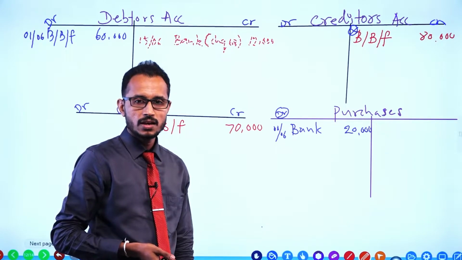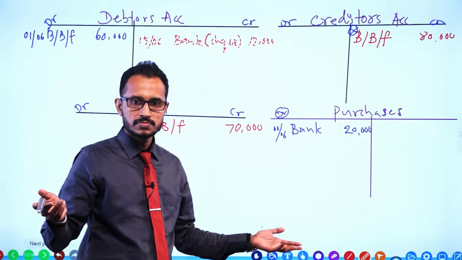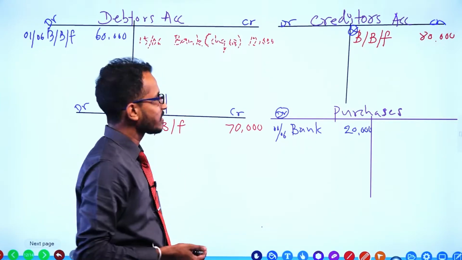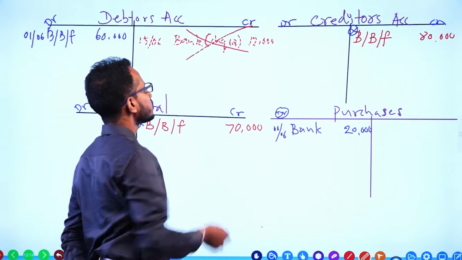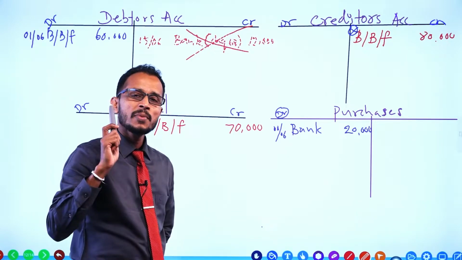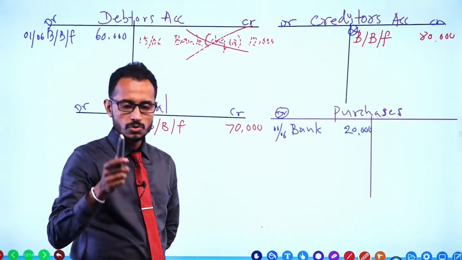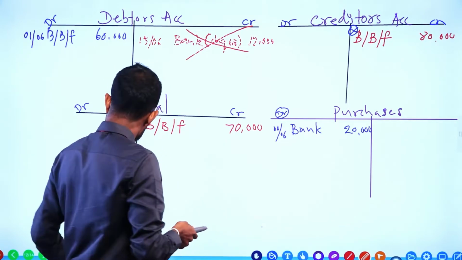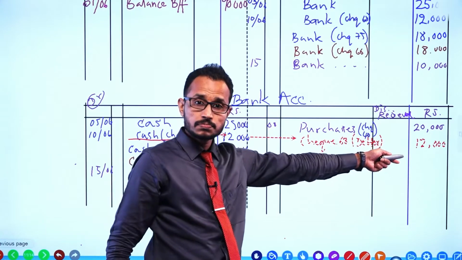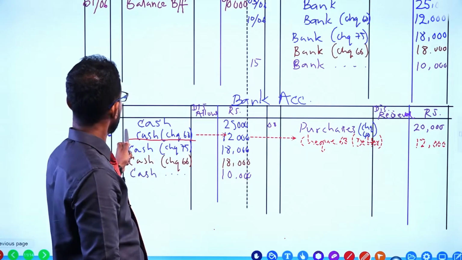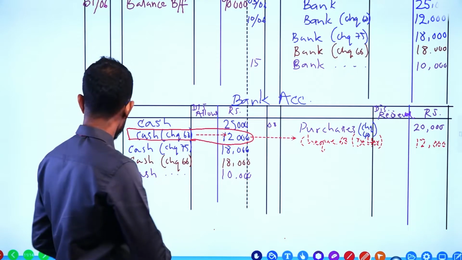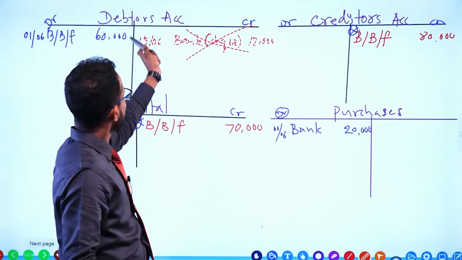How come both accounts are credited? Who noticed? Did you notice? This is a common error that most of the students make. They sometimes don't remember that the bank account was credited because there is a debit entry too. They get confused and they credit the debtor's account.